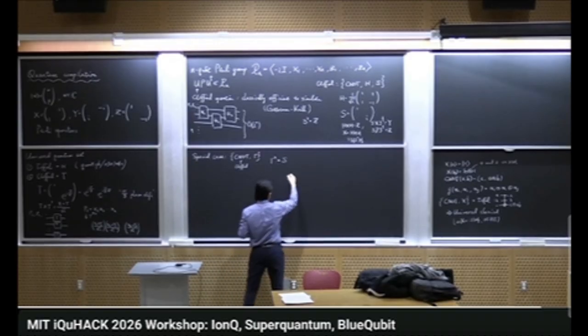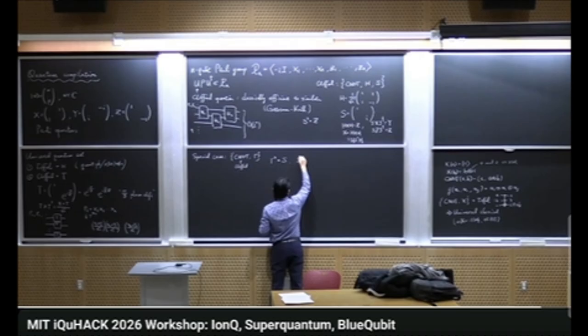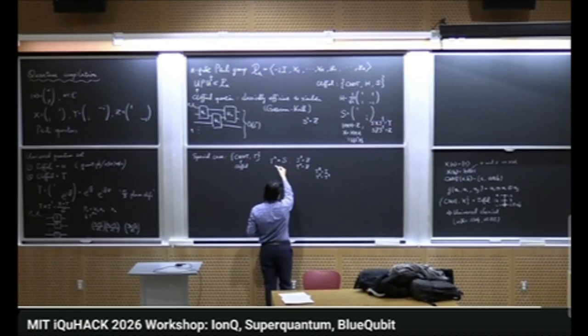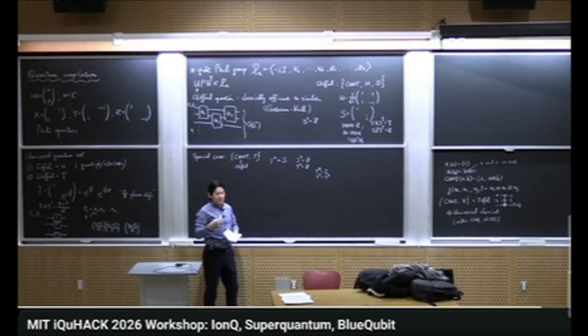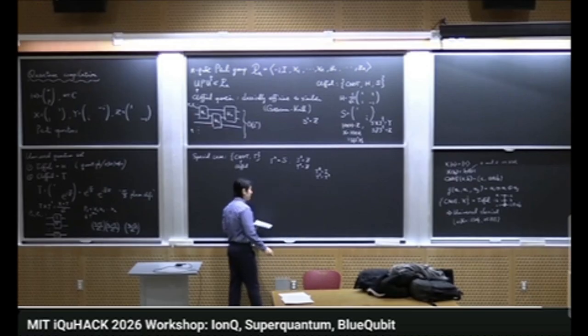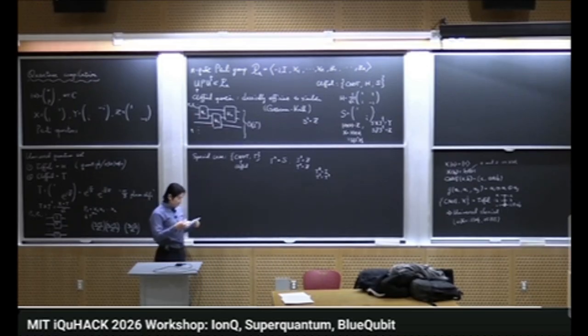You square it, you get S. And because the square of S is Z, that means T to the power 4 is equal to Z, and then T to the power 8 is the identity. So that means T to the 7 is T dagger. So there are all these powers of T that can give you all kinds of different gates that we have covered so far, and this fact will come in handy as we go further into the compilation.